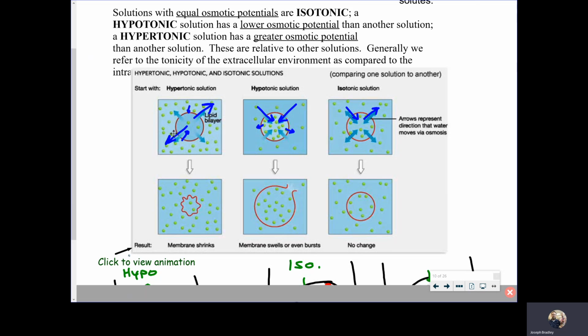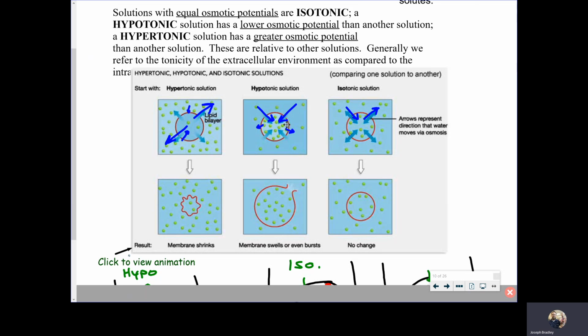So this is a picture of a cell in a hypertonic solution. So relative to the inside of the cell, there is a higher solute concentration. What's going to happen is the water is going to travel outside of the cell, and as a result of that, the membrane would shrivel up. This is actually referred to as plasmolysis.